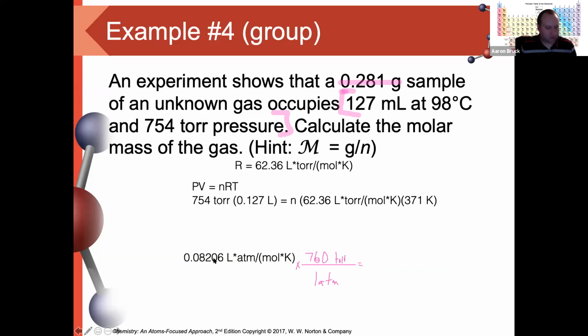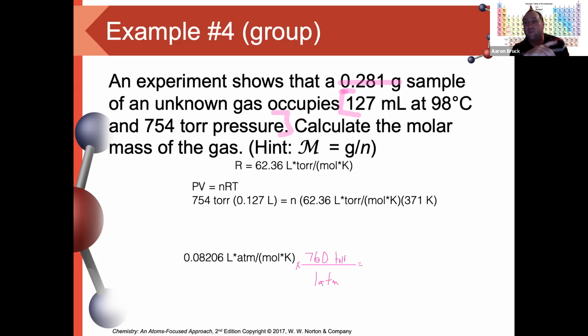And so if you do that, 0.0827, because 62.36 divided by 754, because we got 754 torr.